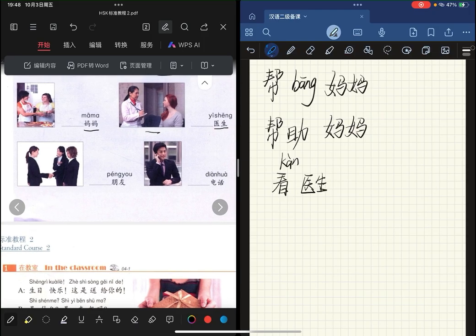Okay. And in the third, we can see they're meeting new friends, right? So we can say making friends or introducing friends. So the object is 朋友. Making friends, 认识朋友.